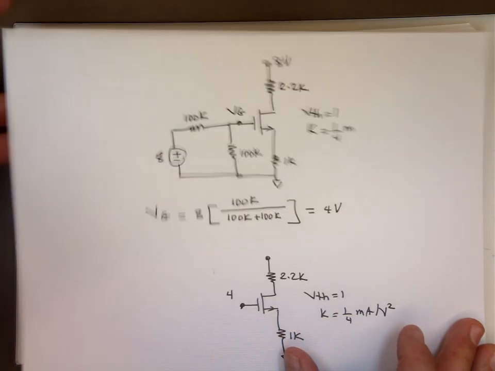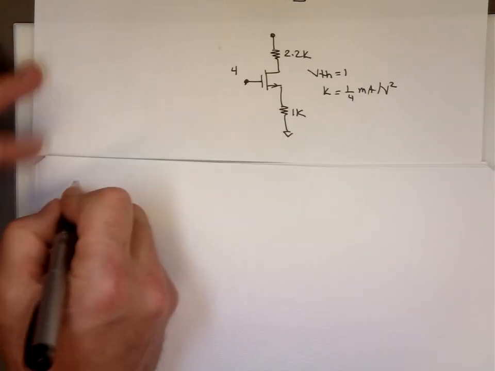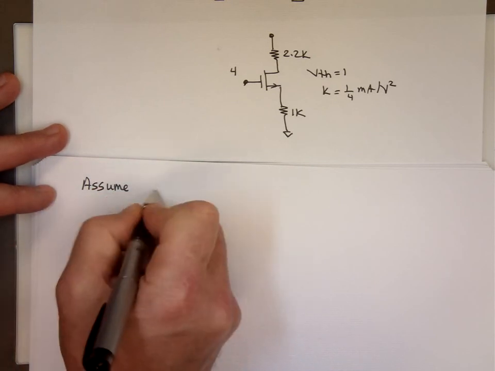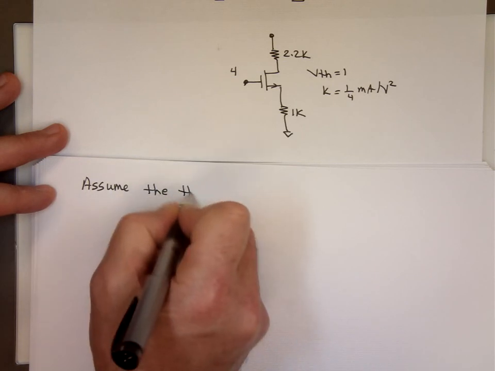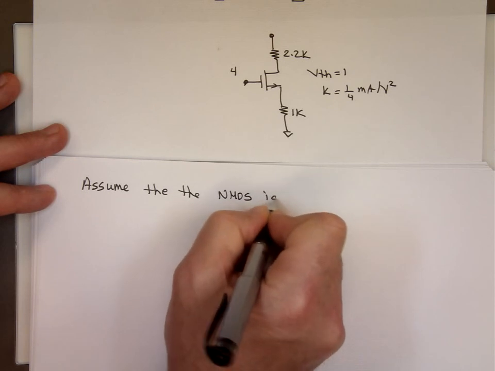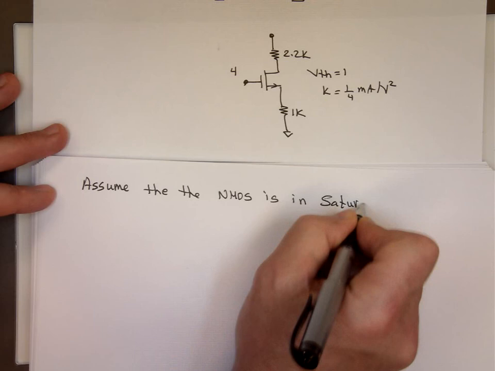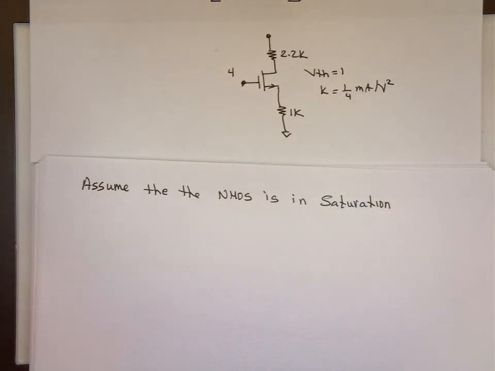So I'm going to assume here again that the NMOS is in saturation. And let me find my handy dandy sheet that has all these things on it. Somewhere, here we go.